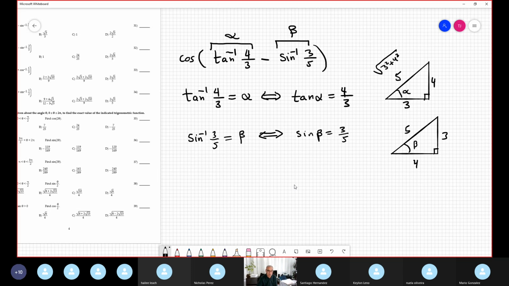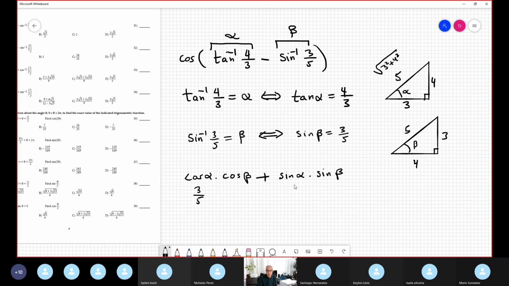Okay, so now I go to the formula. The formula says cosine alpha times cosine beta plus sine alpha sine beta. Cosine alpha is 3 over 5. Look at the triangle of the alpha.